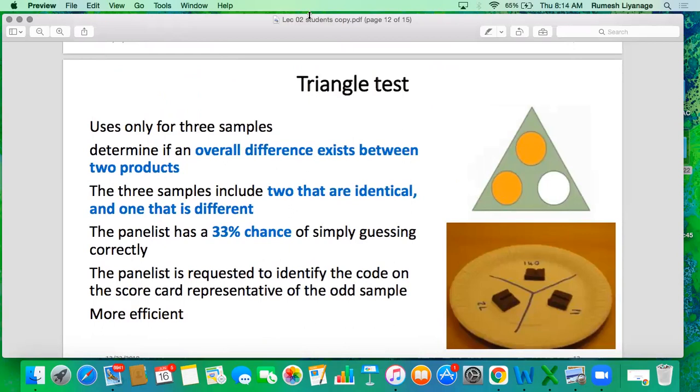Under that, the first one is the triangle test. What is the meaning of triangle? You know, trikonaya, right? Trikonaya means all the ends are similar. And triangle means there should be 3 samples.